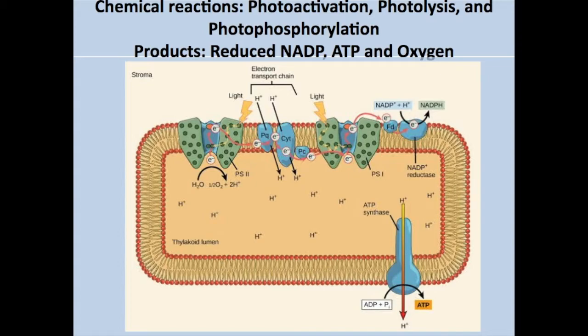It means they will allow water to lose electrons. So they will oxidize this water. If water splits and loses electrons, the electrons go here in photosystem 2. So it stabilizes photosystem 2.